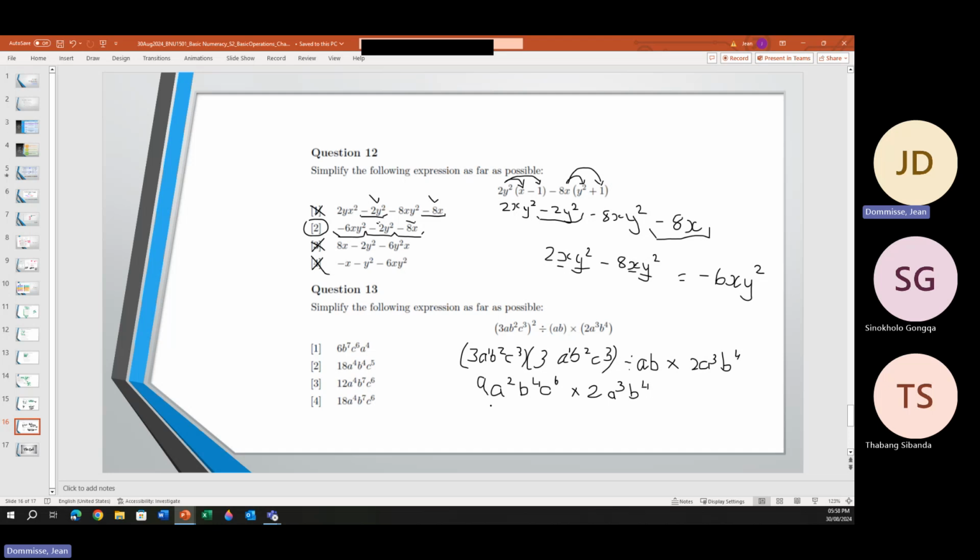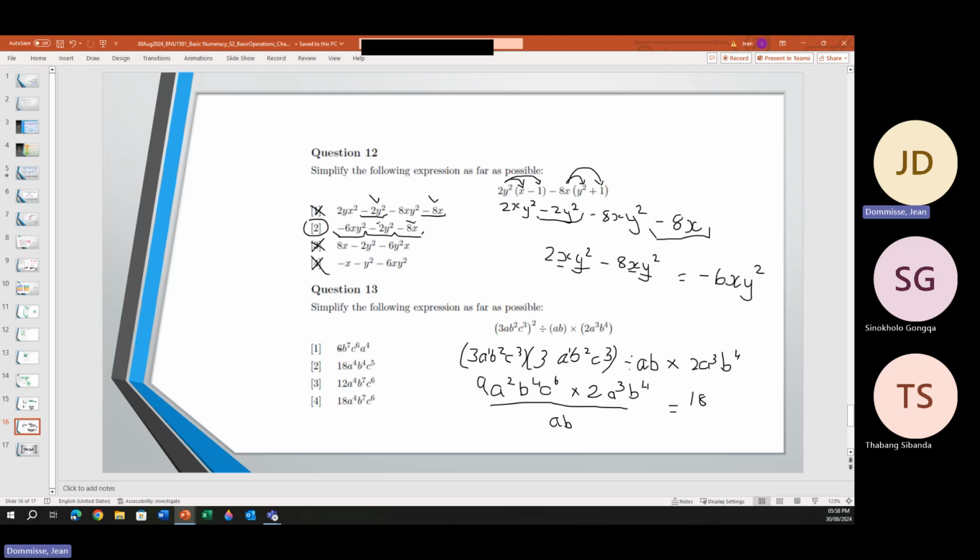And then there is a division, so divide by AB. So let's just rewrite it as they say it so that we can work with that. Okay, so firstly, again, what I will do is I will look at my numbers. So before I go into the A, B, C's and the divide by AB, 9 times 2 is 18.